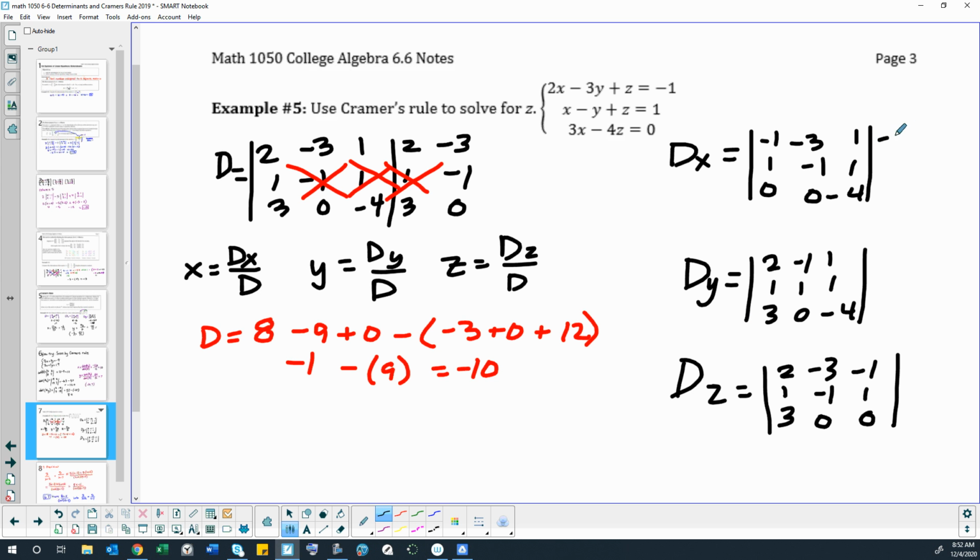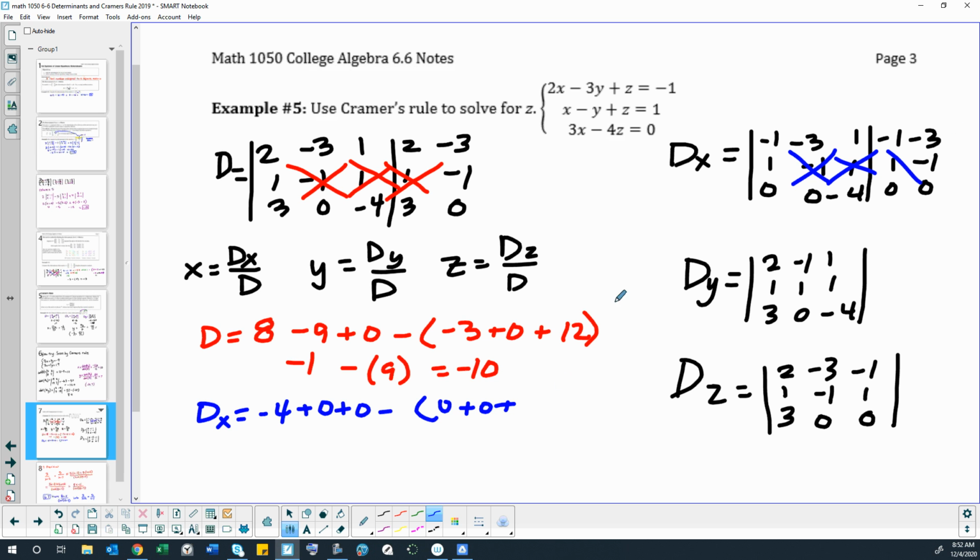Okay, then let's go ahead and find dx. So I'm going to put -1, 1, 0, -3, -1, 0, lots of zeros, so this should go pretty fast. So let's do a different color. -1 times -1 is +1 times -4 is -4, and then 0, 0, plus 0 plus 0, minus, go this direction, 0, 0, 0 plus 0, and then 12.